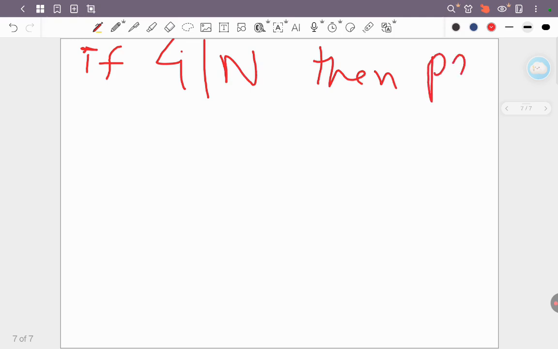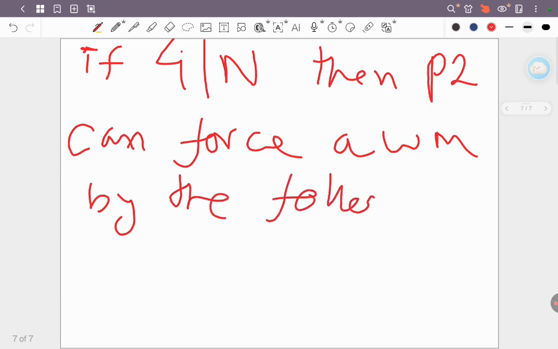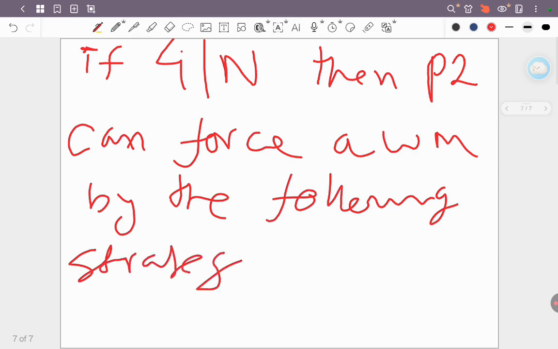So here some congruence modulo will come in. Write it like this: if 4 divides n, that means if n is a multiple of 4, then player 2 can force a win by the following strategy.